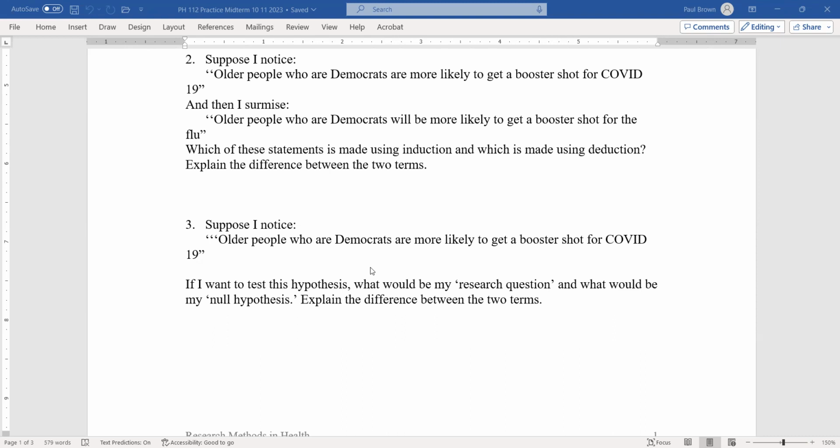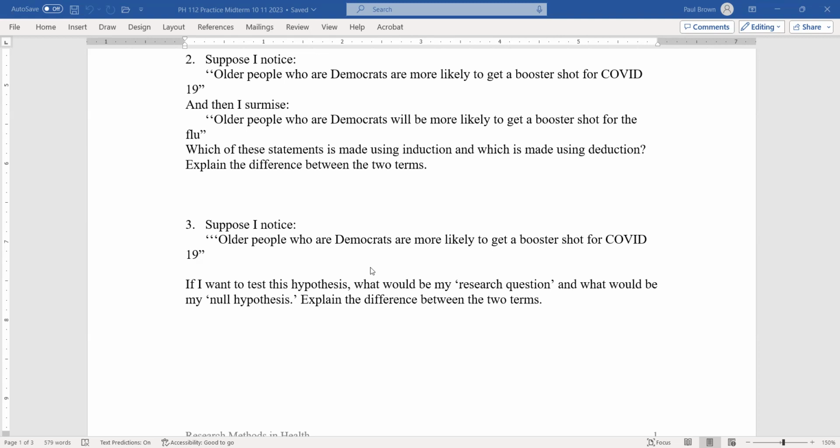Your hypothesis could be that Democrats are more likely than Republicans to get a flu shot.